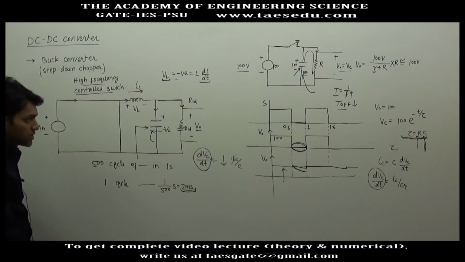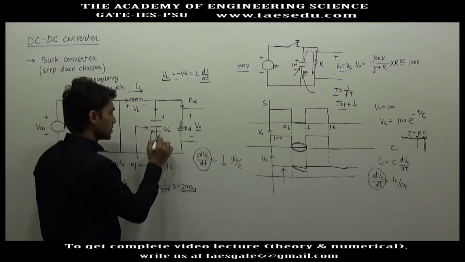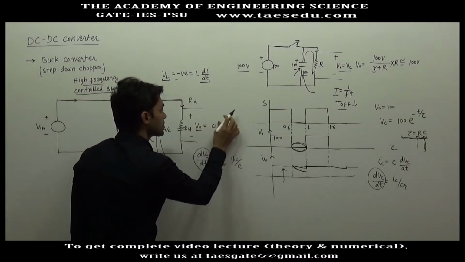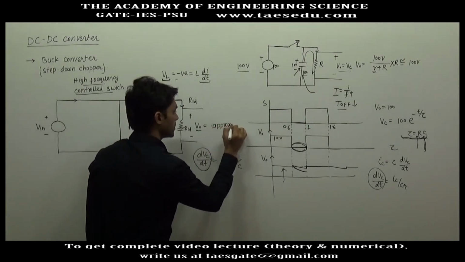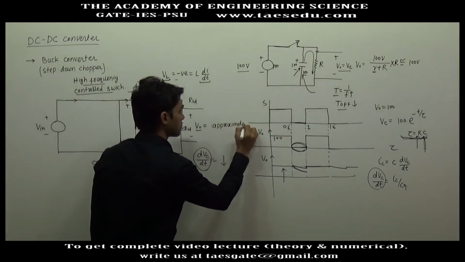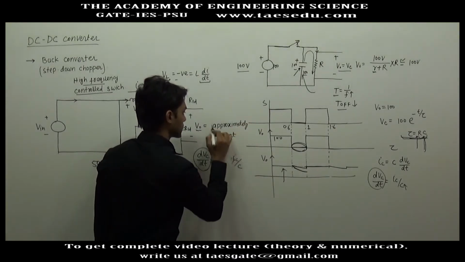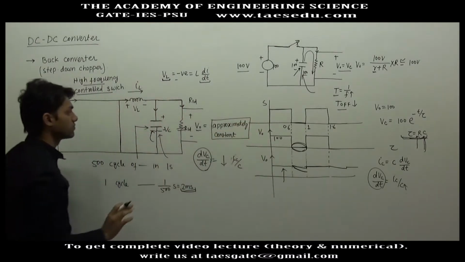So from this discussion I just wanted to convey that the role of this capacitor here is to make the output voltage approximately constant. Okay, and on this assumption only I will derive.